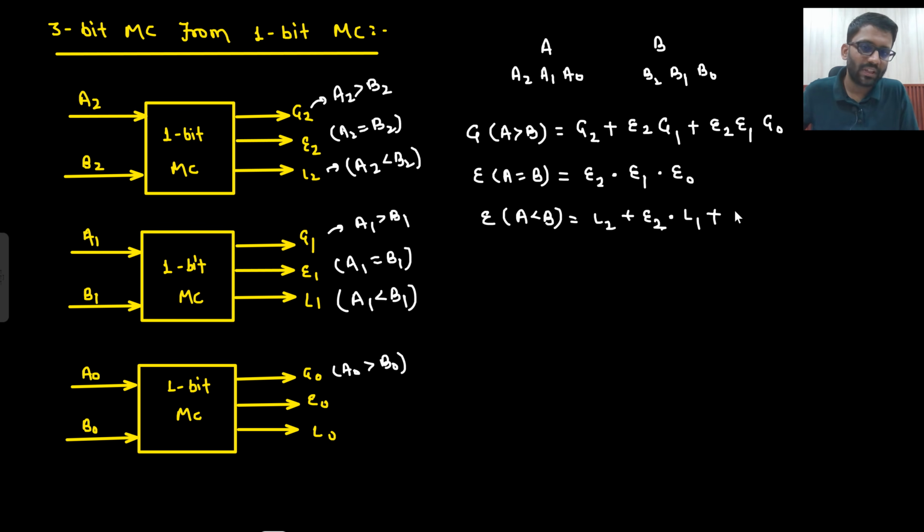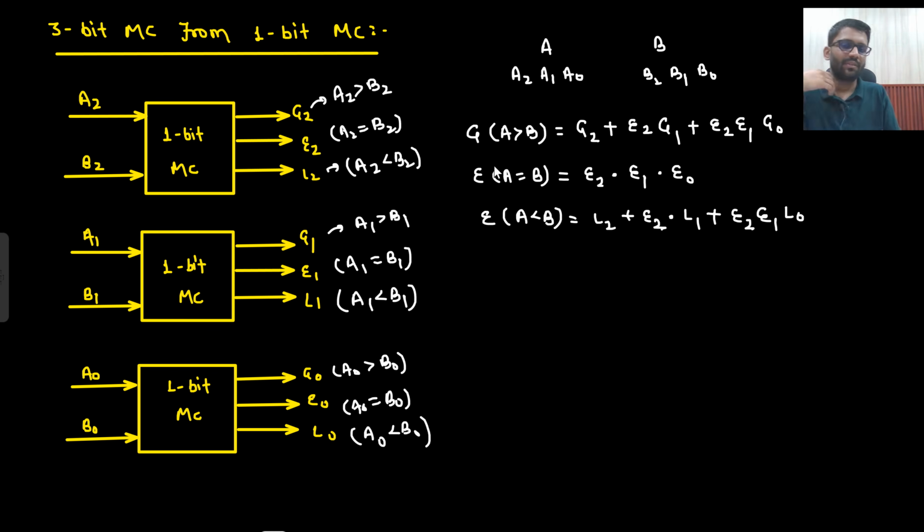Or if A2, B2 are equal and A1, B1 are equal, then the final bit, the LSB, should be greater. So B naught should be greater than A naught.